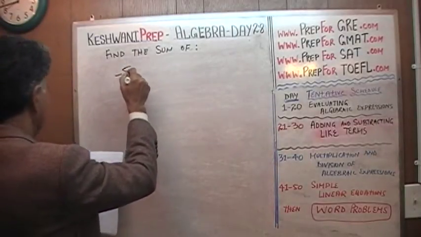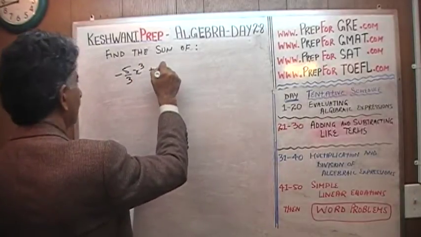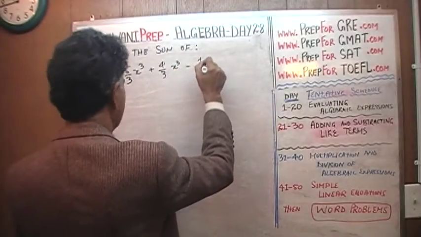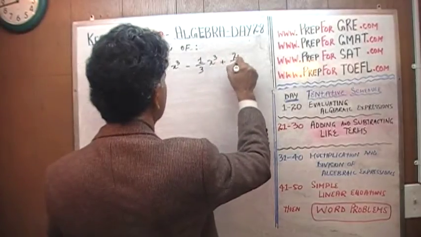Minus 5/3 x cubed plus 4/3 x cubed minus 1/3 x cubed plus 2/3 x cubed.